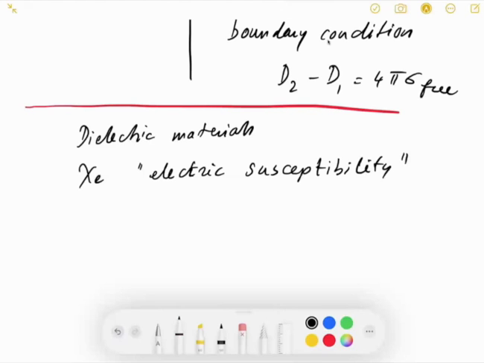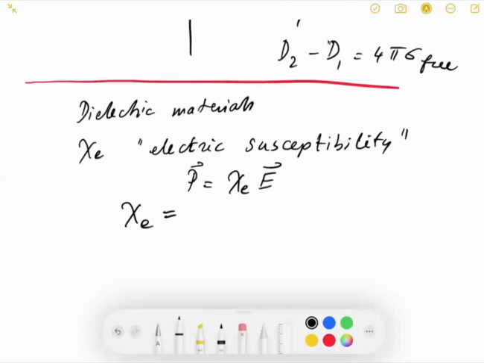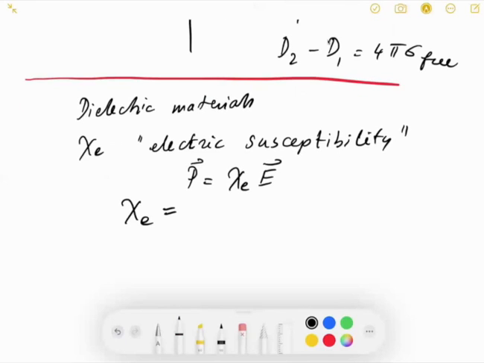And that is the proportionality between the polarizing field and the E field. So that's just another way of writing it. And in that case, you can solve using our displacement field and our other definition for a way to quantify materials, and you'll find that the relation is epsilon minus 1 over 4 pi, and that's the dielectric constant we encountered before.